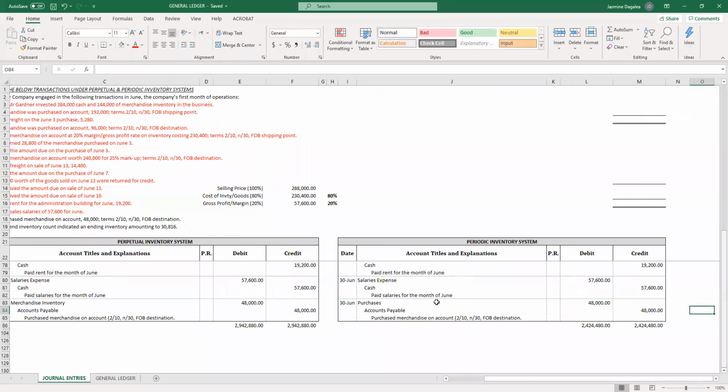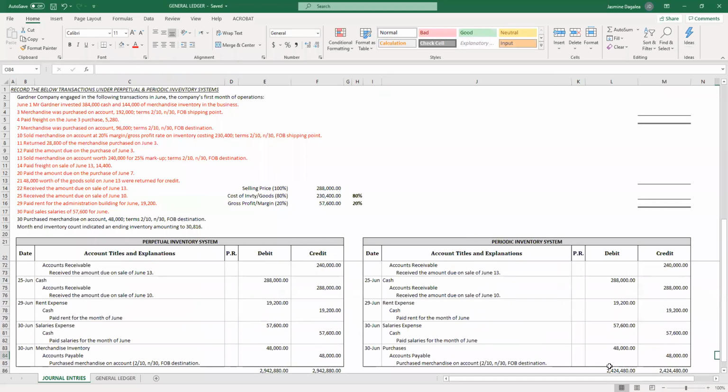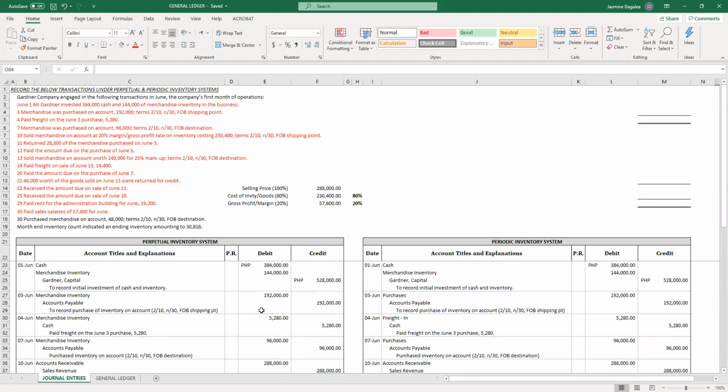So ito yung journal entries nyo. Okay? Basta alalahanin nyo lang, under perpetual, walang purchase returns, purchase discount and allowance.